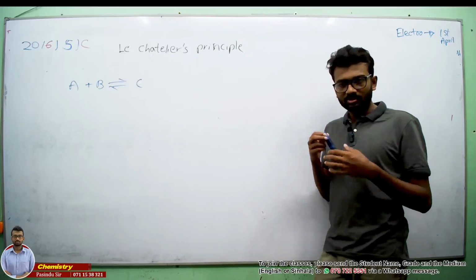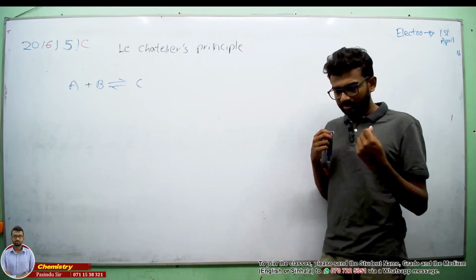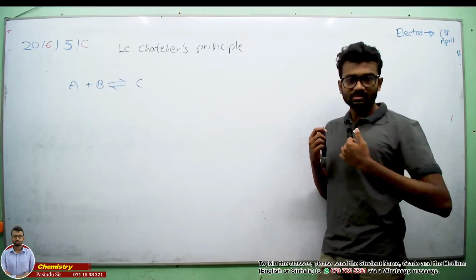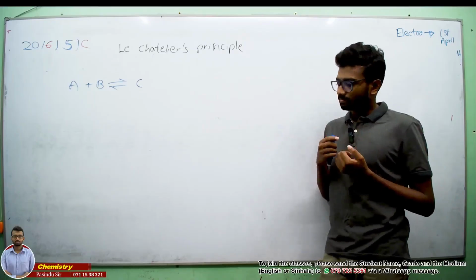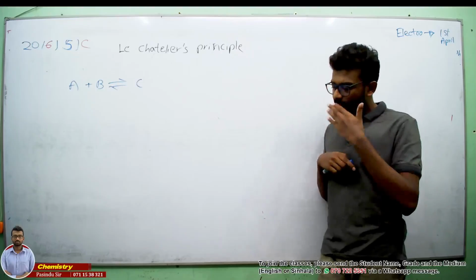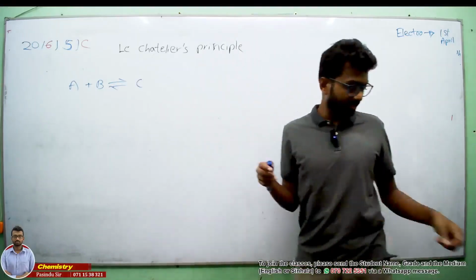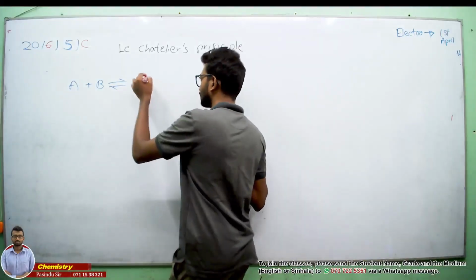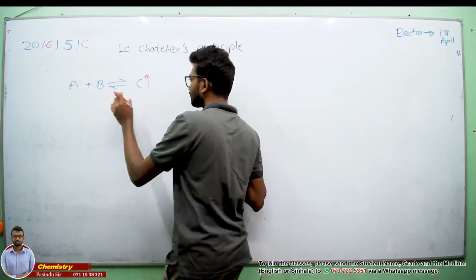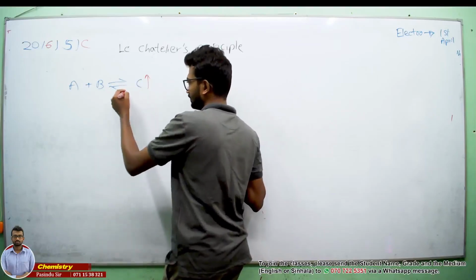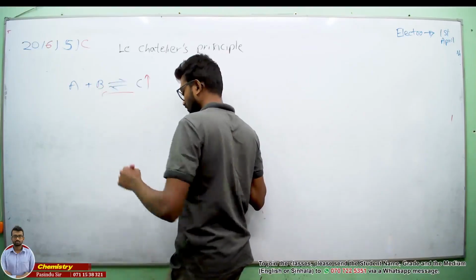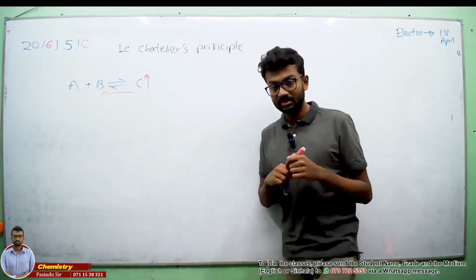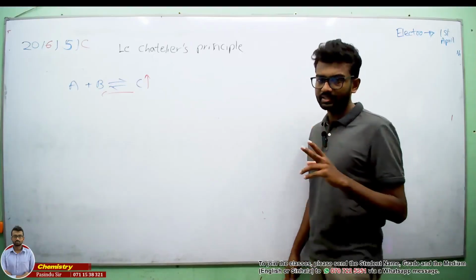The system gives some resistance. If you reduce something, the system tries to increase that. If you increase something, the system tries to reduce that. Then the equilibrium goes to the left in that kind of case. So that's the basic idea.